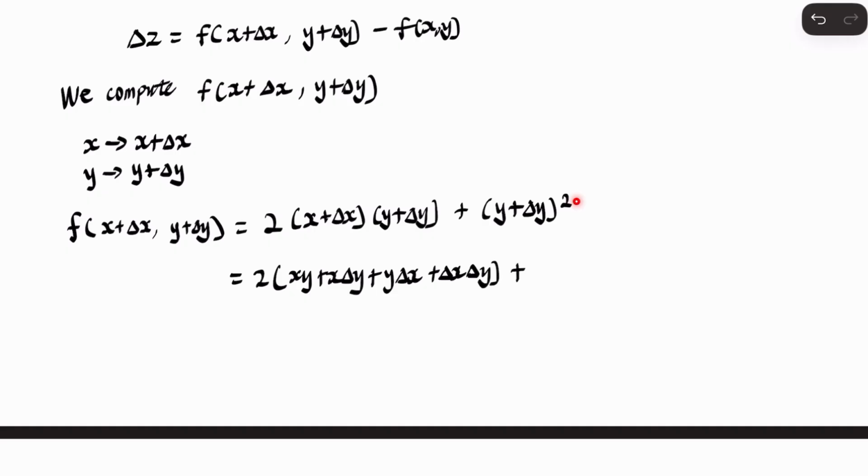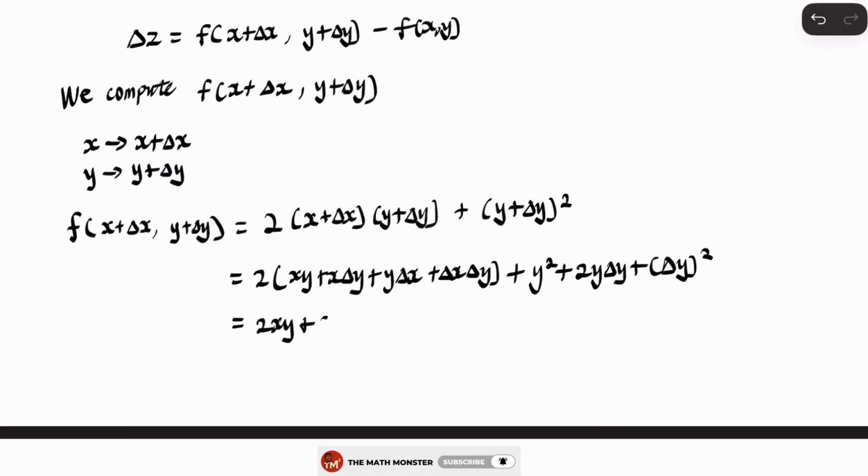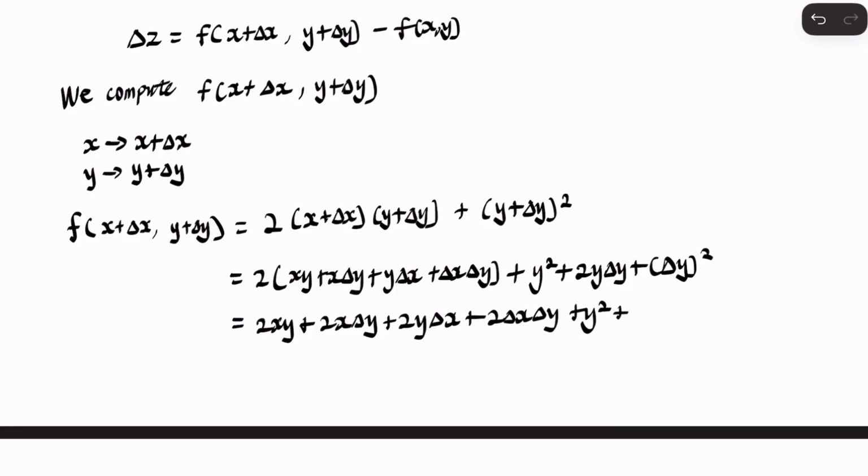Then we also have to expand this term, so we have y squared plus 2y delta y plus delta y all squared. Now let's distribute the 2, so we have 2xy plus 2x delta y plus 2y delta x plus 2 delta x delta y plus y squared plus 2y delta y plus delta y all squared.